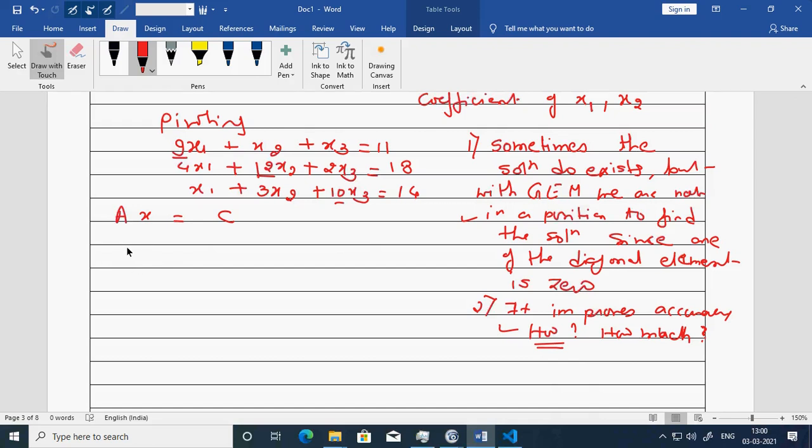So A is the matrix, so it is a coefficient matrix. So write 9, 1, 1, 4, 12, 2, 1, 3, 10. So this is my coefficient matrix.